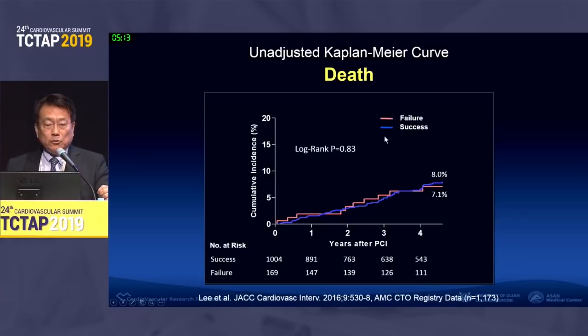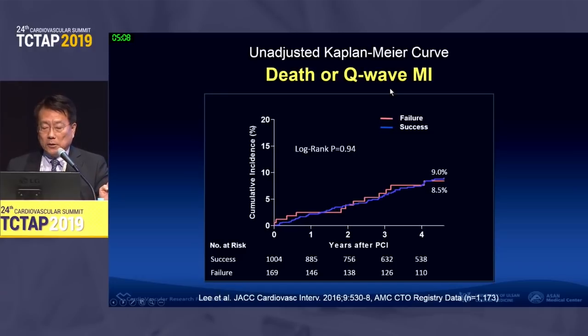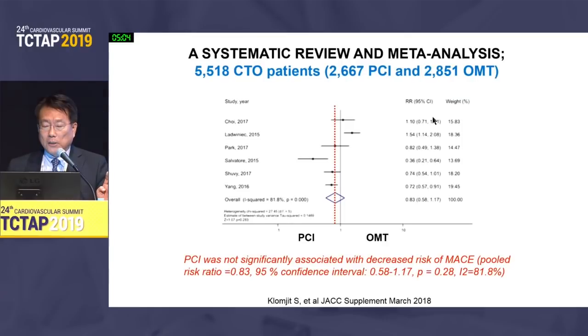This is our registry data. Unadjusted deaths, not too much difference. Deaths over MI, failure, success, and the meaning is that in the registry data, any difference may be related to bias, patient characteristic selection bias, something like that.